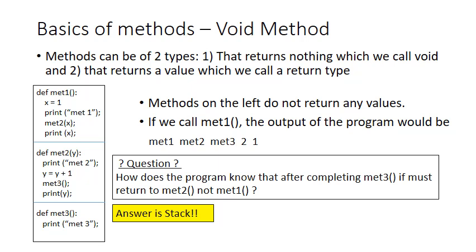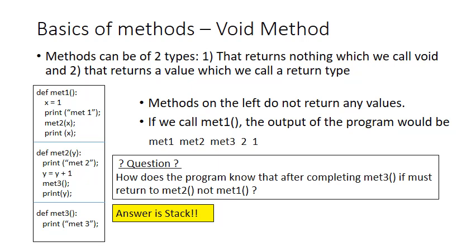I'm quite sure you are quite familiar with methods so far, and I'm also quite sure you've looked at two types of methods basically. One is of type void, and the other is called a return type, where we return a value. Void methods do not return any values.